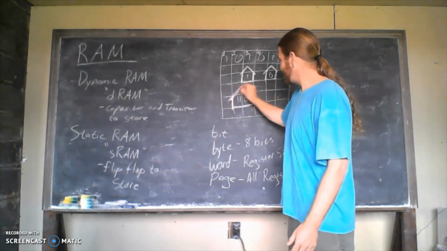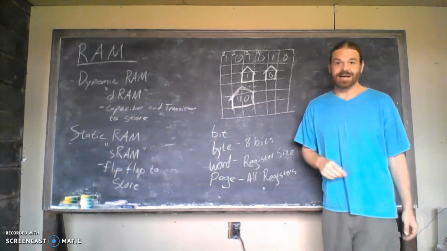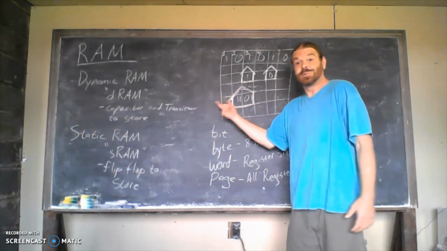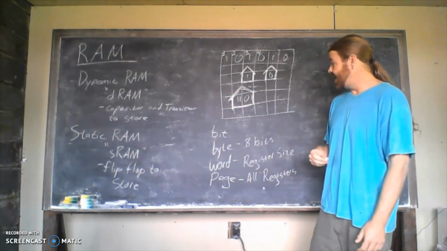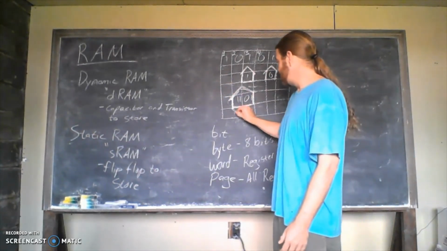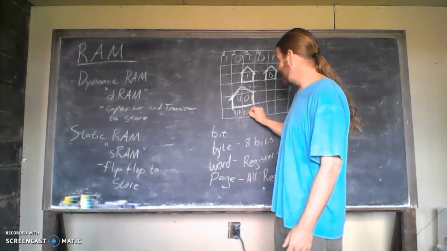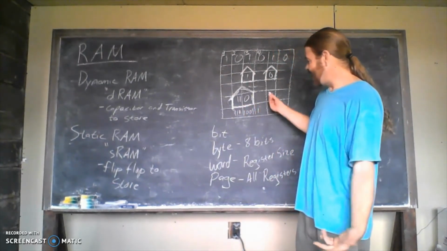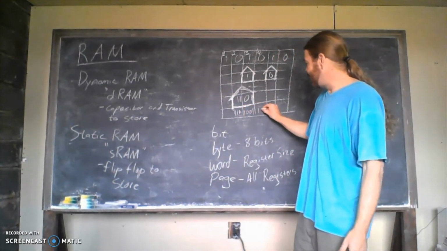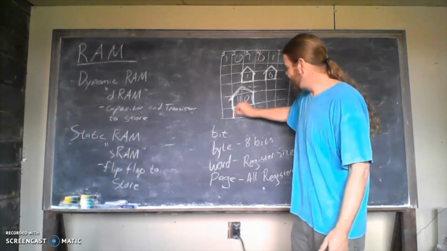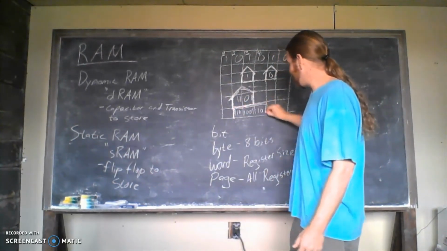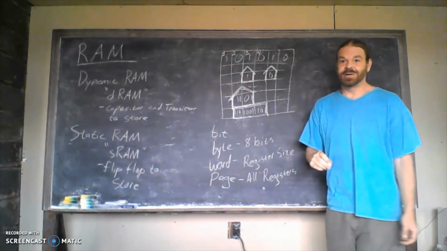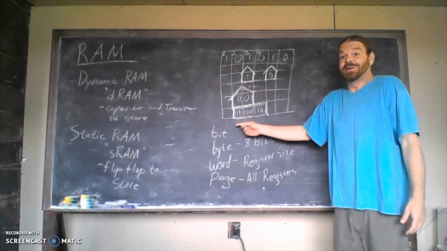Maybe think of a byte like roommates in a house, a bigger house where there are some roommates. And maybe a word, 110101. I didn't count the grid, so I'm just drawing a bunch here. Whatever the word size is, think of that as like an apartment building, a whole bunch of them.